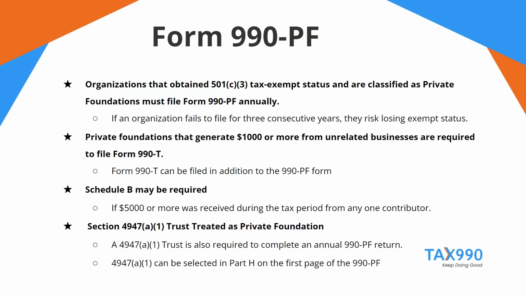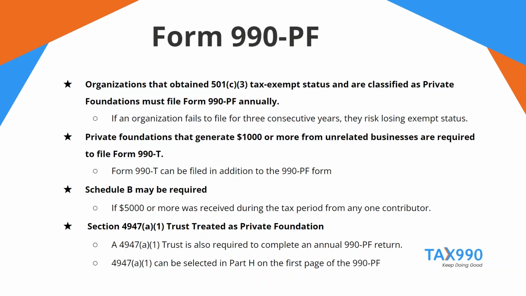If an organization is recognized as a private foundation as indicated on its determination letter, the organization has only one form option. The 990PF is required regardless of the organization's financial status. There are several other 990 series forms available, but those are specific for public charities and related to the financial status.